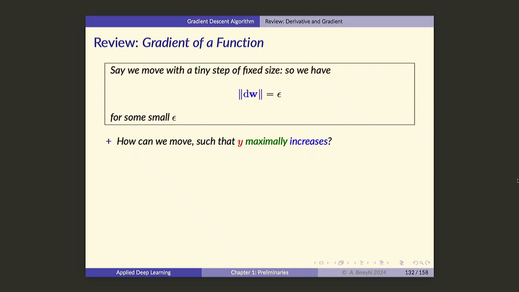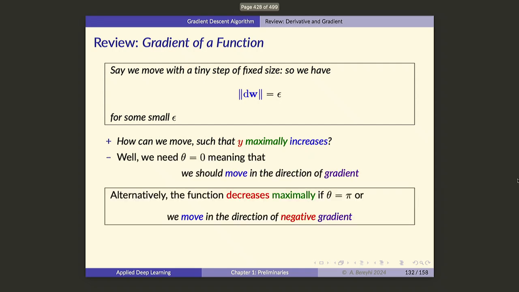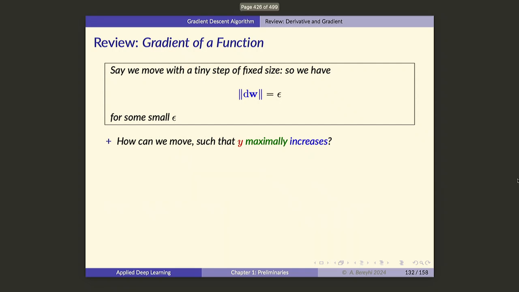Now, since you don't have any question, I've got a question. If I want to decrease my function maximally, so I want to choose the direction where my function drops the most, which direction is it? Minus that one. So if I want to do that, I put theta to be pi.